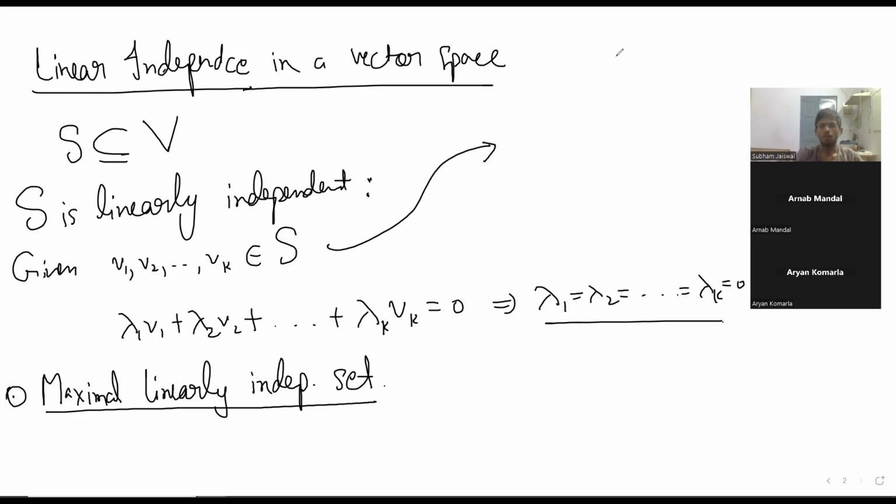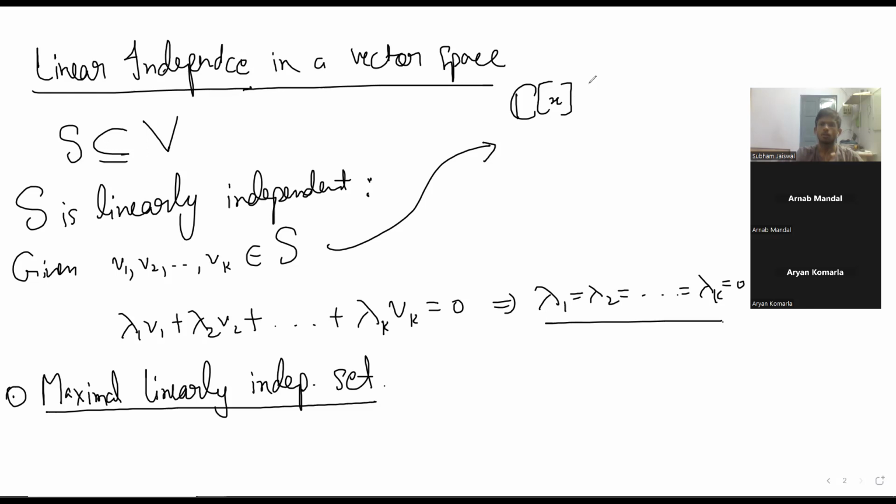But how about this? You look at the collection of all polynomials, right? This is a vector space. So the basis will be... I mean, if we just consider the set a plus bi as (a, b), then it would be (0, i).